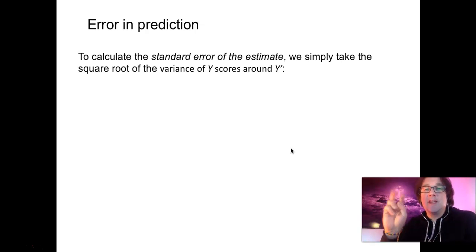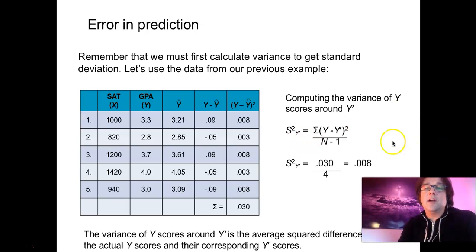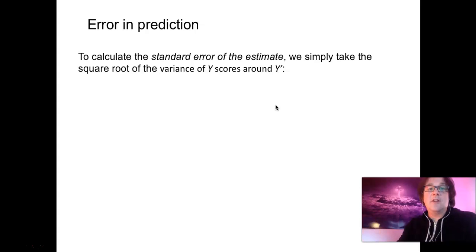So to calculate the standard error, remember this value here is variance. We have to unsquare everything. Remember, we only squared this stuff to avoid getting a 0. We have to unsquare it now in order to get the value that we actually want, the standard deviation.